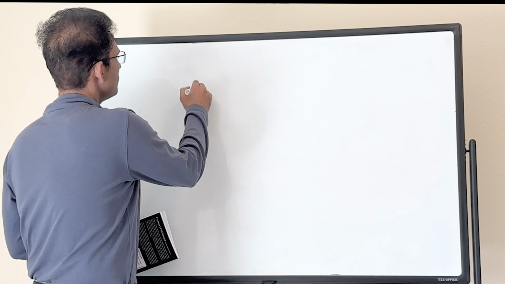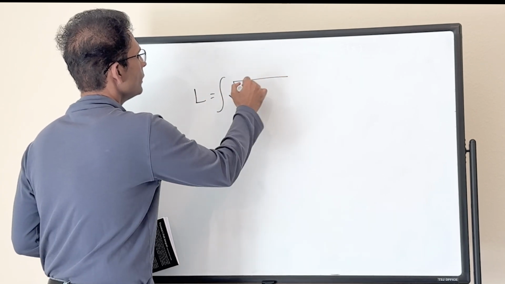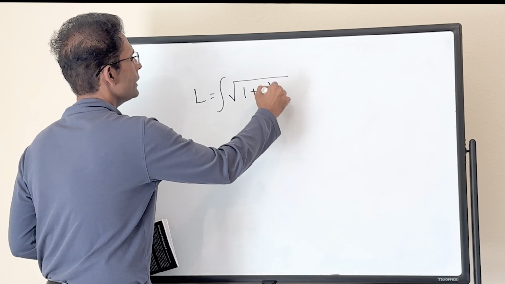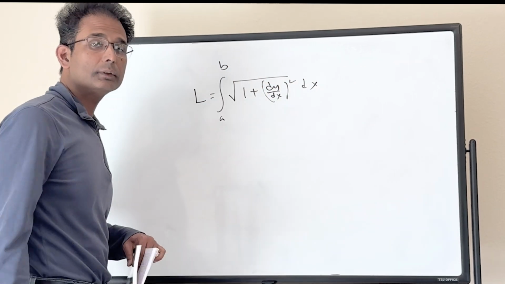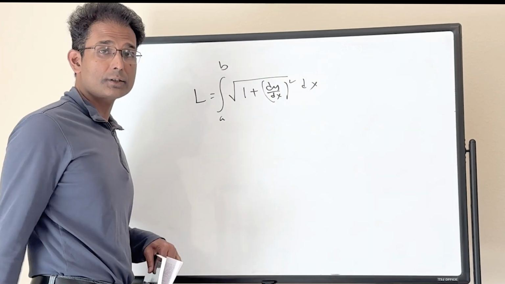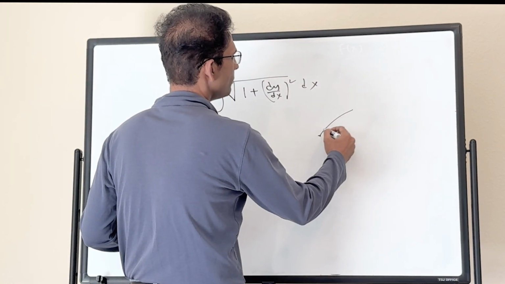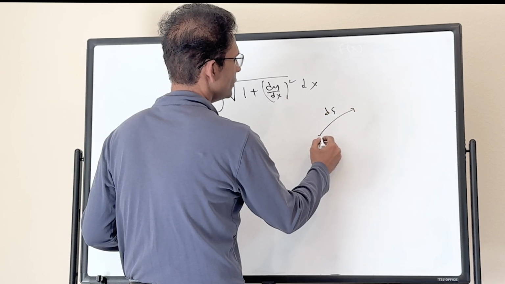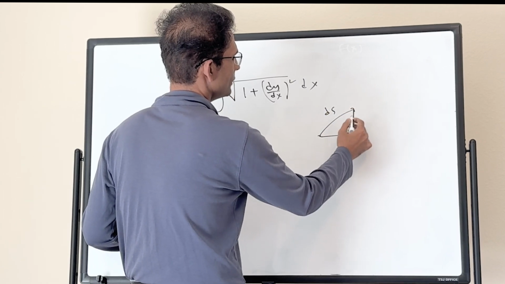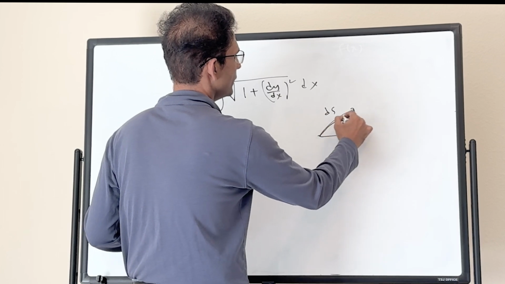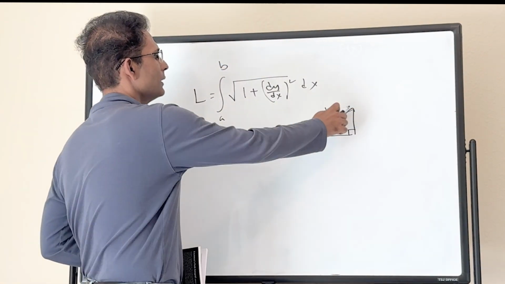Length is given by the following formula: integral of the square root of 1 plus (dy/dx) squared, dx, from the lower limit to the upper limit. Where does this come from? Say you have an arbitrary curve. This is a small part of it, and you can imagine it to be a right triangle, where ds is approximately a straight line, the hypotenuse.